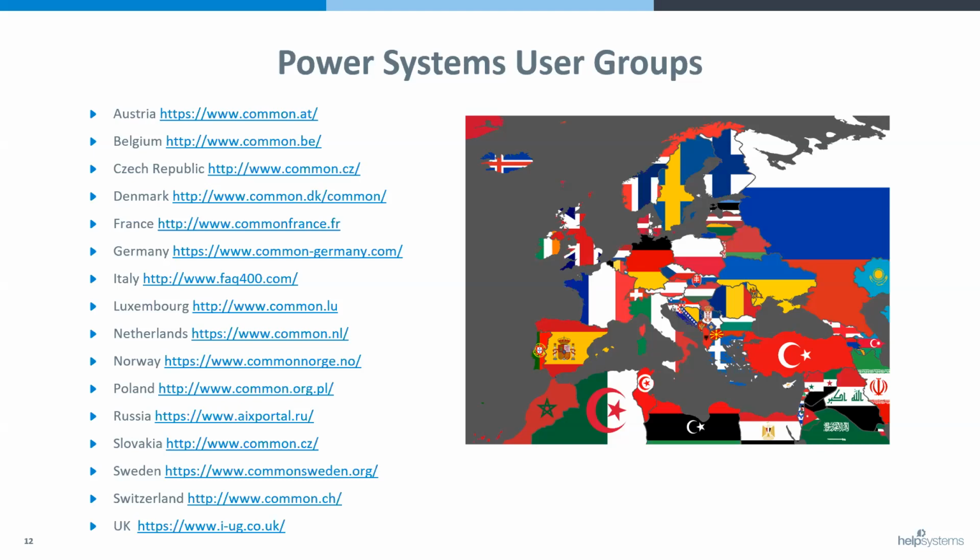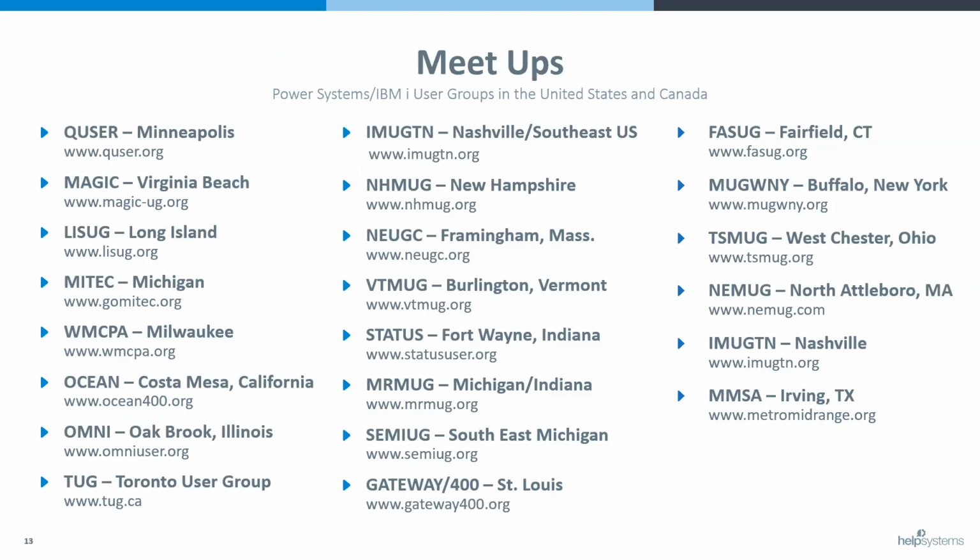I think we have to expand this to Southeast Asia, right? Yes, exactly. Well, and the user groups in the US and Canada are well represented across the country. Very active user groups providing a lot of different educational opportunities and also workshops. For instance, our Q user group in the Twin Cities area, we had a really well attended workshop on SQL on IBM i.